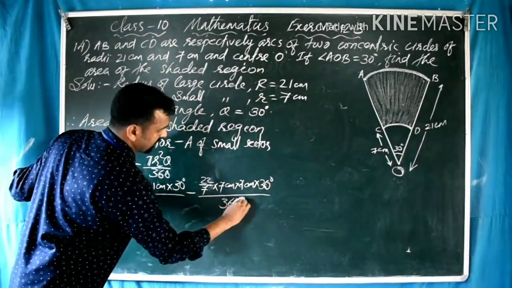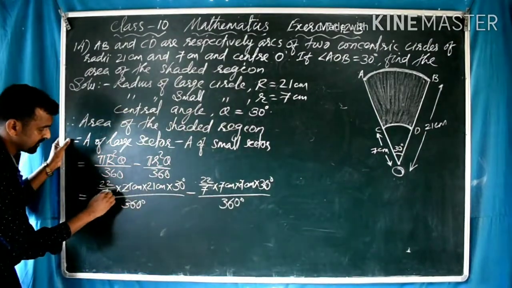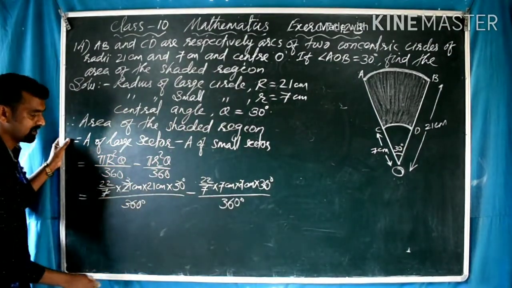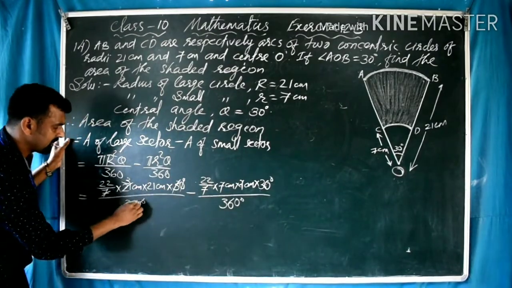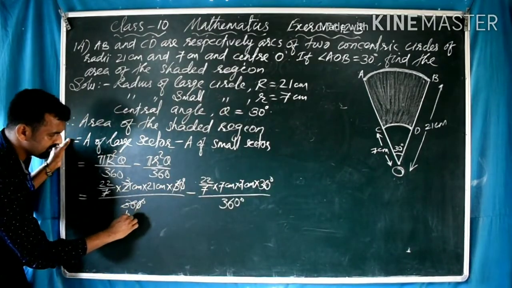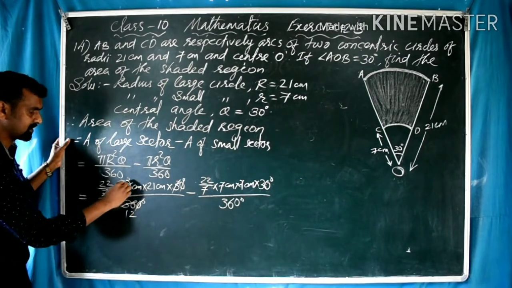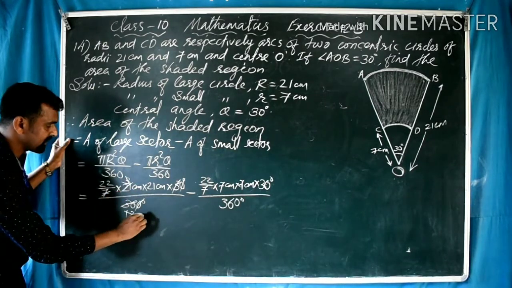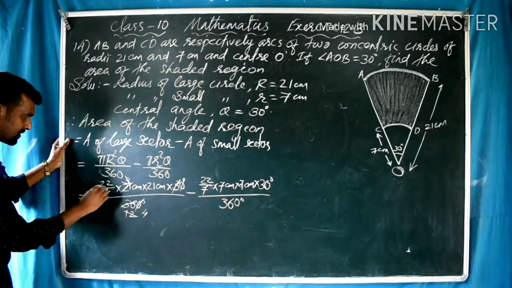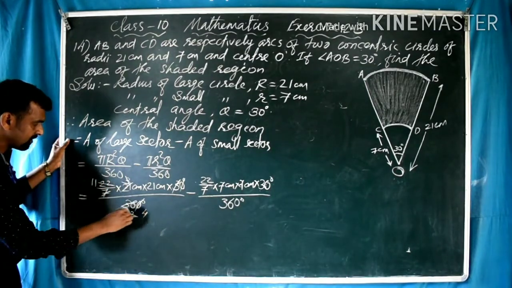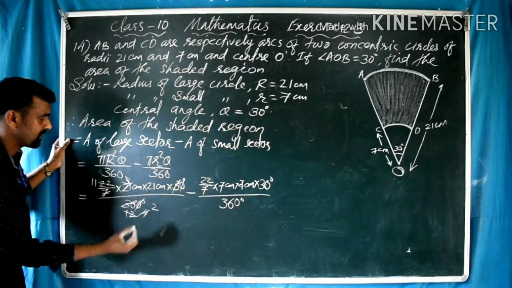Then that is equal to 21 divided by 7, 7 3s are 21, the zeros we can cancel, 3 divided by 36, 3 1s are 3, 3 12s are 36, then 22 divided by 2 is 11, 4 divided by 2 is 2.